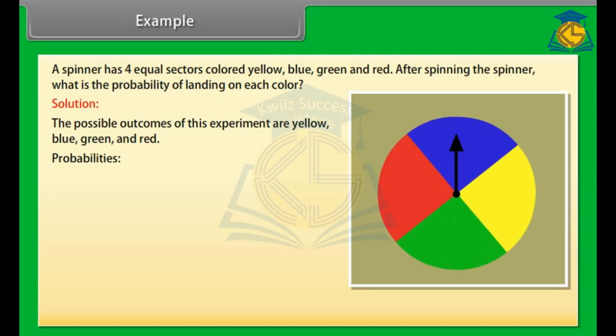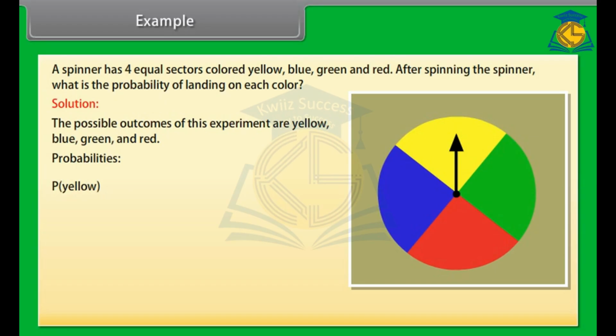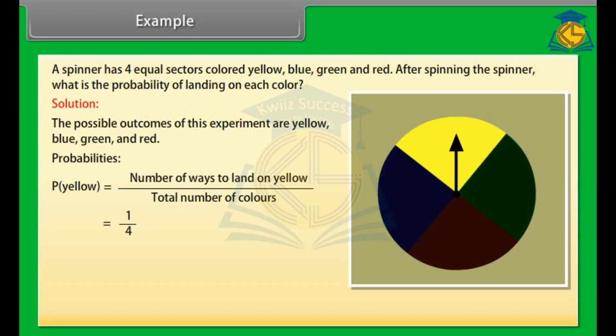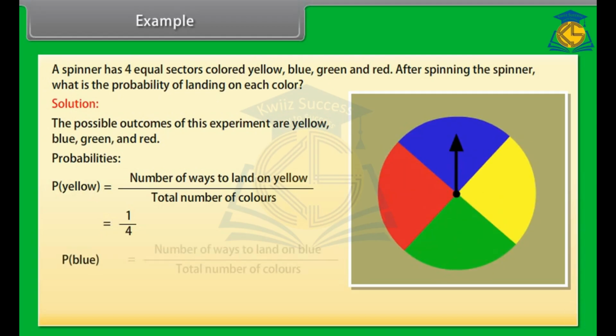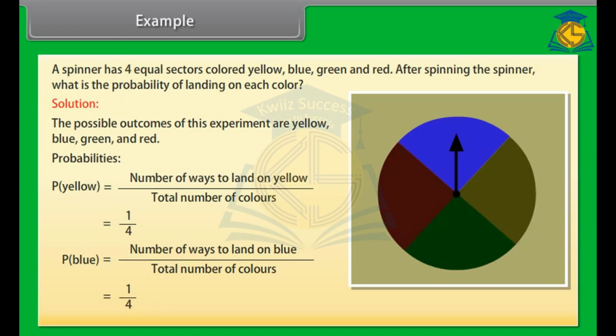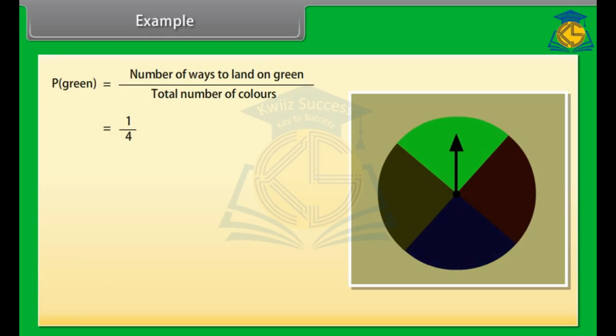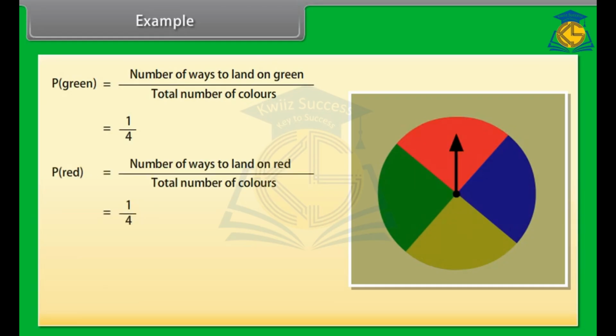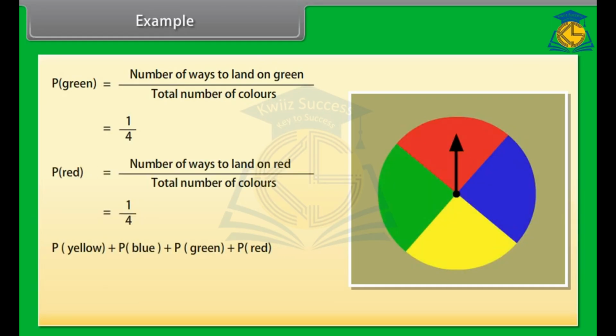Probability of landing yellow is number of ways to land on yellow by total number of colors, that is, equal to 1 by 4. Probability of landing blue is number of ways to land on blue by total number of colors, that is equal to 1 by 4. Similarly, we will find the probability for green and red, and if we add all these probabilities, we will get 1.